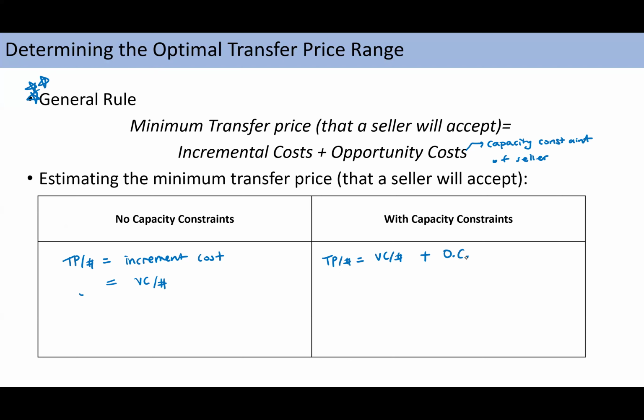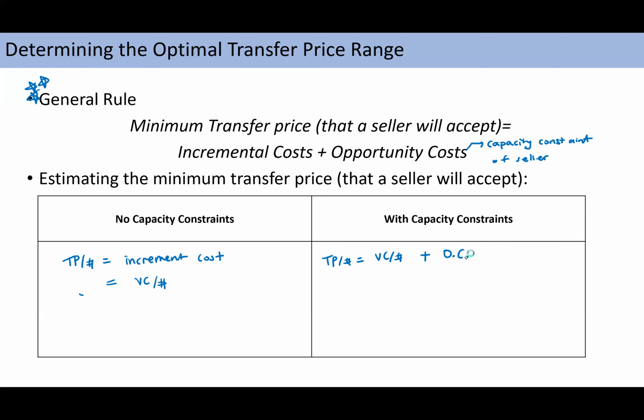And what's the opportunity cost in this case? Well, if I were selling 100 units to an external buyer and I can't produce more, I'm at capacity. To sell to an internal buyer, I have to give up sales to my external customer.